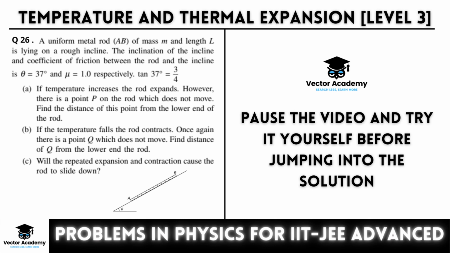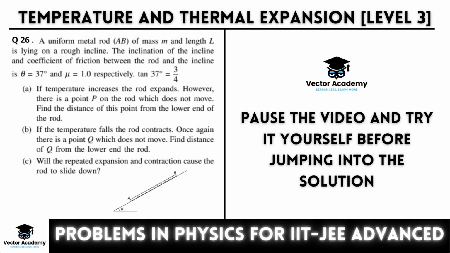Tan 37 degrees equals 3/4. A. If temperature increases, the rod expands. However, there is a point P on the rod which does not move. Find the distance of this point from the lower end of the rod.